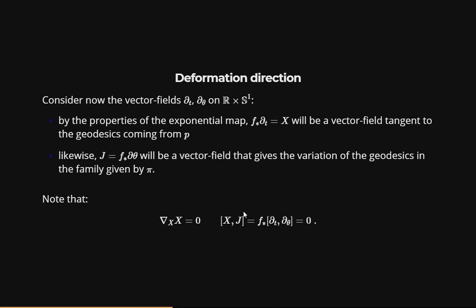Their commutator is 0, because they are independent variables in a product, so the related partial derivatives do commute. And then when you apply the push forward, you get 0.